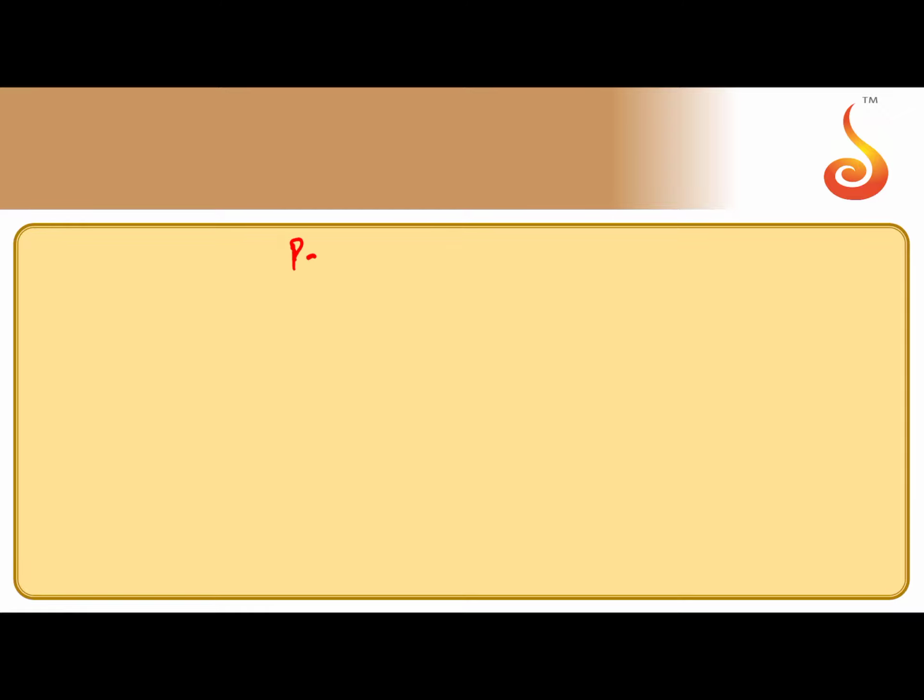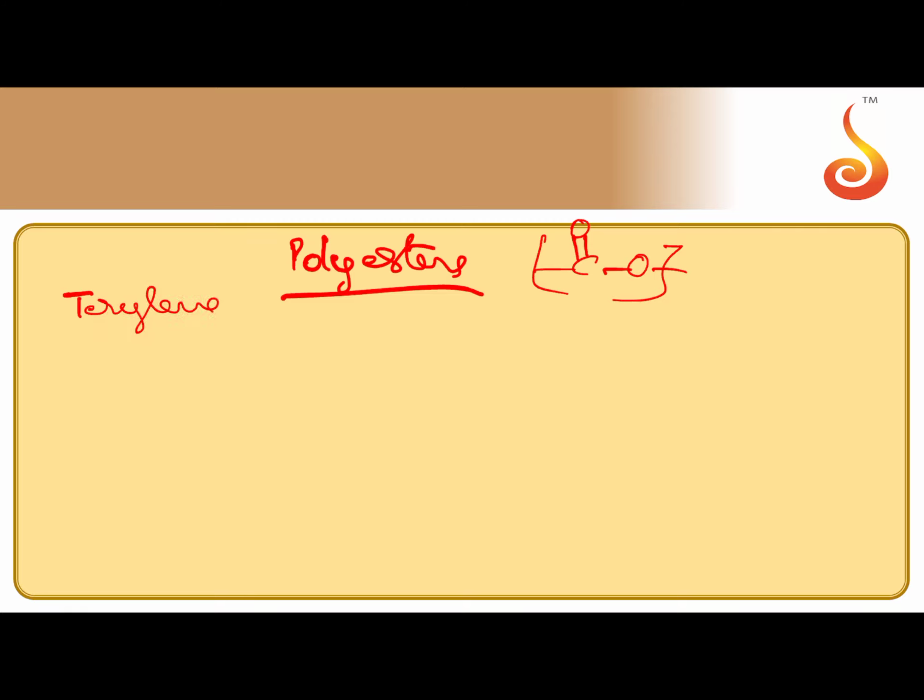Coming to condensation polymers, there are two types. Polyesters: two monomers are linked with each other through an ester bond. Example, terylene or Dacron. You observe how to write the repeating unit.